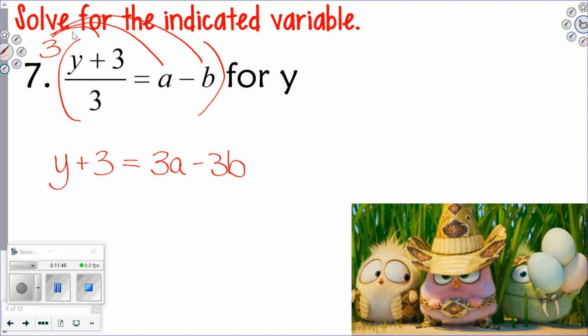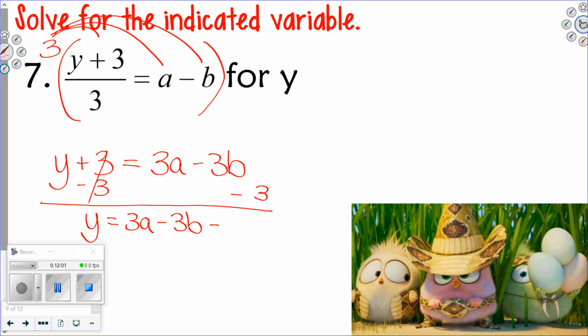And again, we're trying to get y by itself, so we need to do what? Minus the 3. So y equals 3a minus 3b minus 3. It's a lot of 3's. Will you have a lot of like terms to put together, you think? No, probably not.